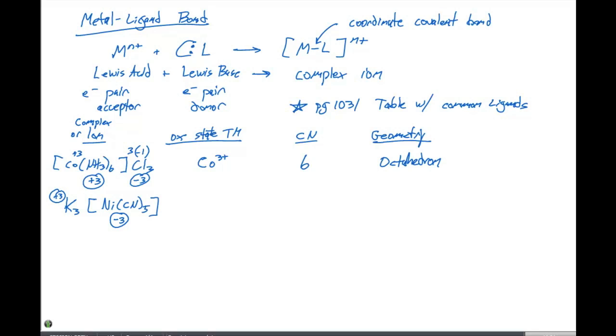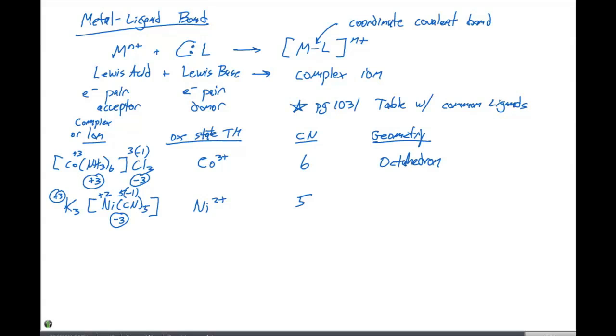If we look at our ligand table, cyanide is a 1- charge, and there's 5 of them. So in order to give an overall charge for this complex ion of -3, that means the nickel must be +2. So the oxidation state of our transition metal would be nickel 2+. The coordination number in this particular case, we have NiCN5, so our coordination number is going to be 5.